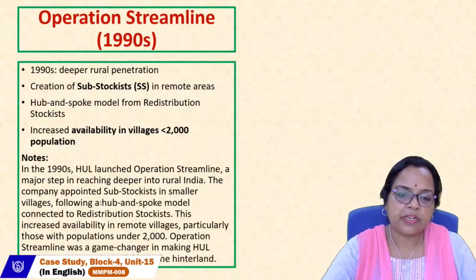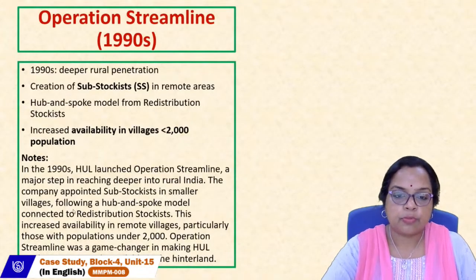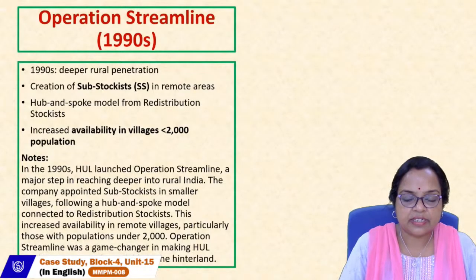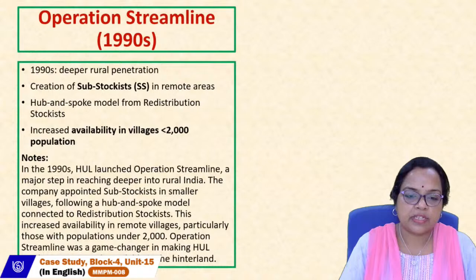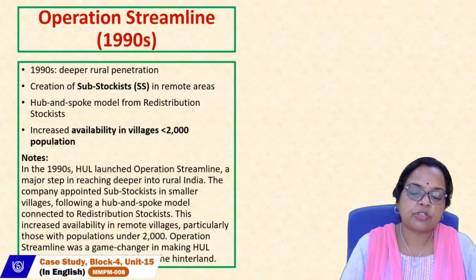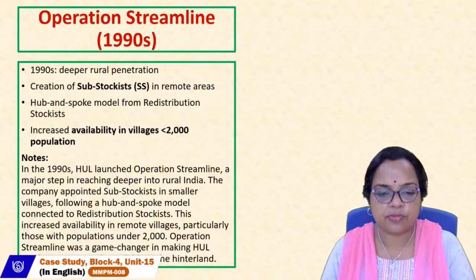The company appointed sub-stockists in smaller villages. So they targeted small villages also, where they appointed a sub-stockist, someone who keeps the stock of their products, following a hub and spoke model connected with the redistribution stockist. We understood about the redistribution stockist strategy of HUL.